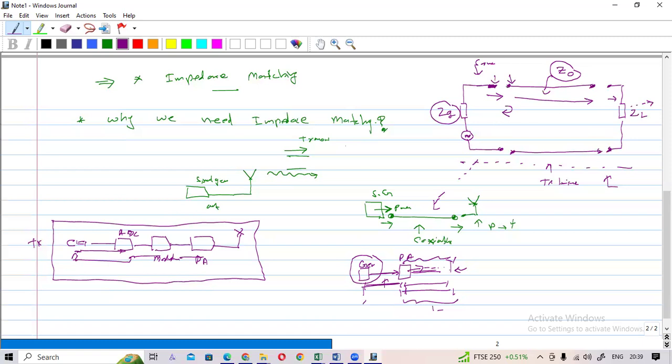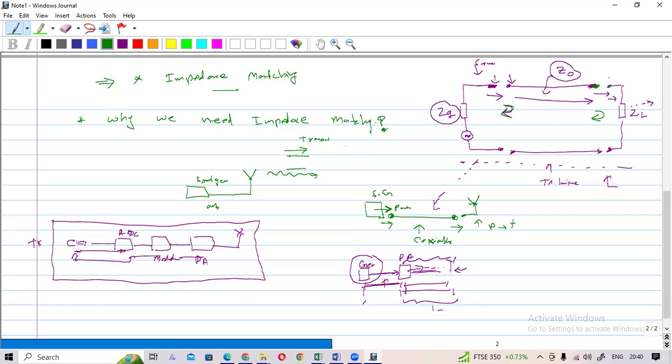And here also, the signal is going to the antenna, feed to the antenna. At that time also there is a reflection. Here also, if this impedance is not matched to this impedance, another reflection is there.